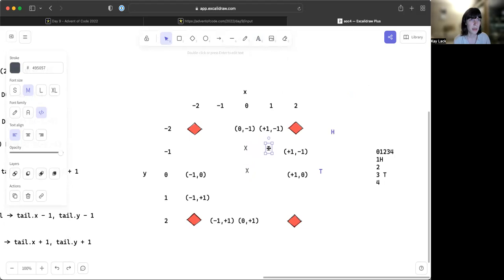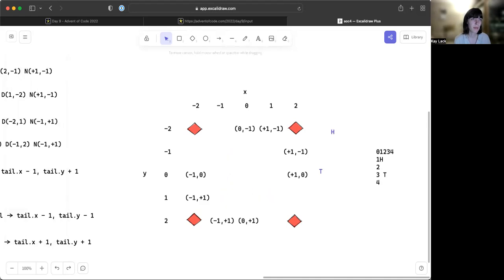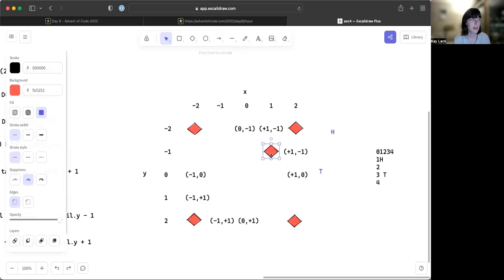Don't need anything here, or here, or here, or here. We're not going to have anything here. So actually, I think I might put these in a different one. Make these one of these, but have it be gray.